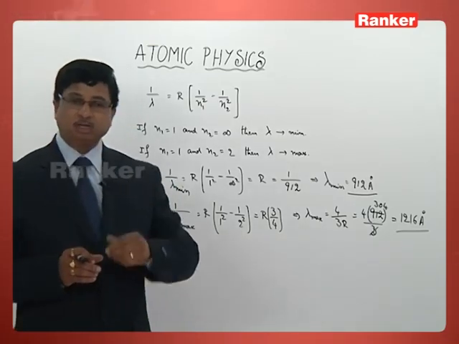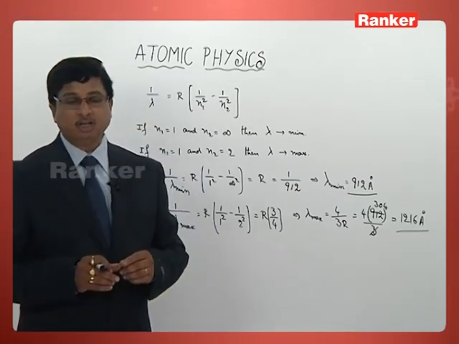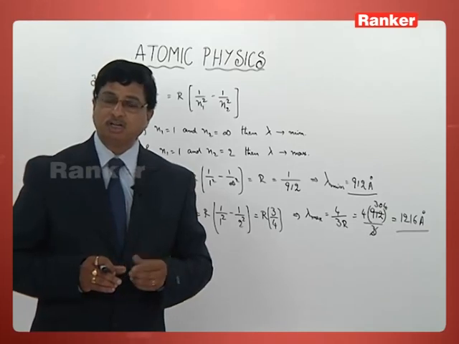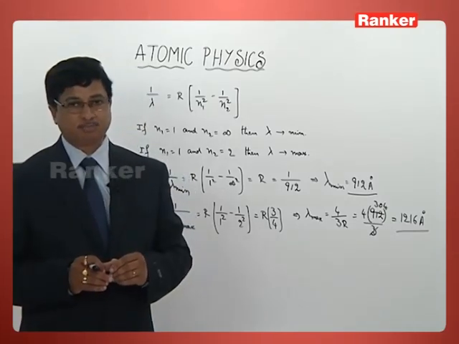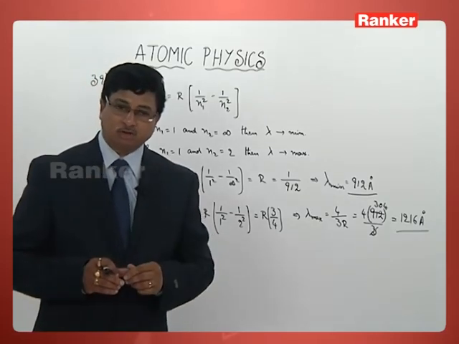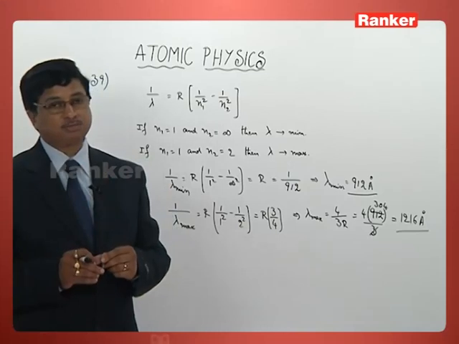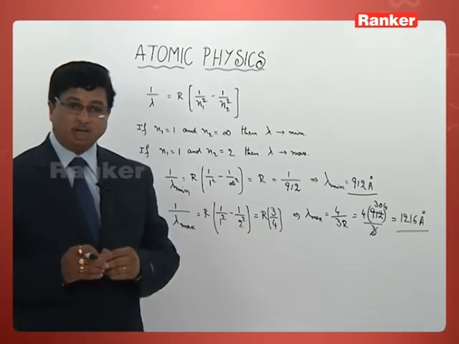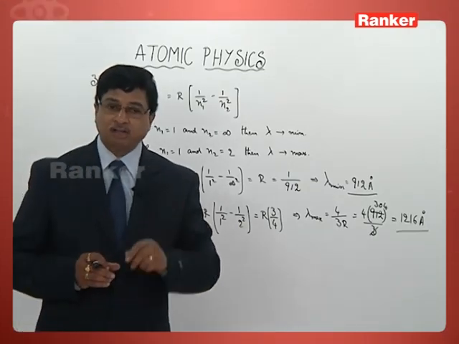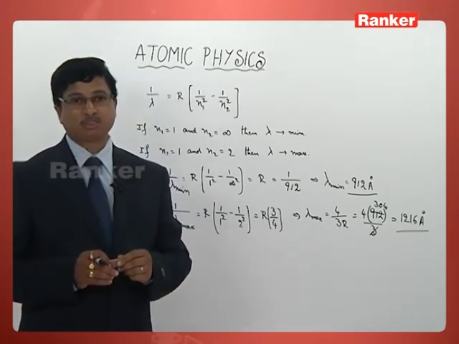But in this particular case, Lyman, he is asking you, the first option he has given is 912 angstroms and 1216 angstroms. The second option is 912 angstrom and 2432 angstrom. The third option, 608 angstroms and 1216 angstroms.